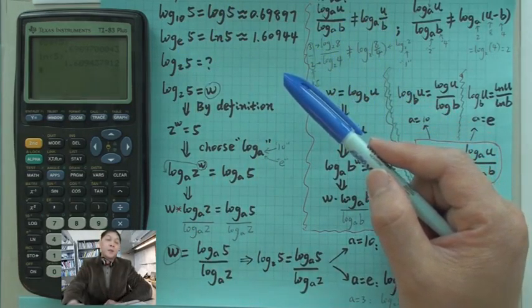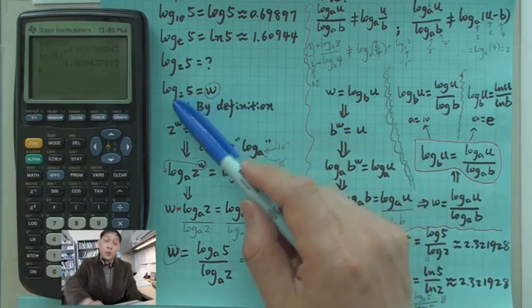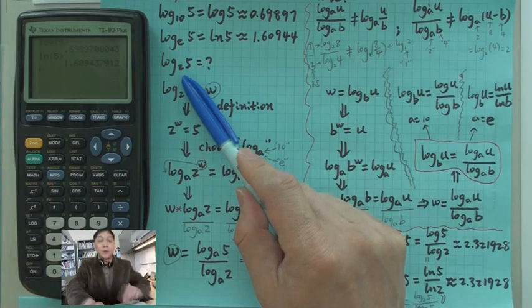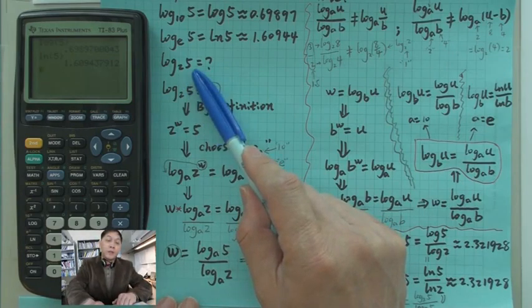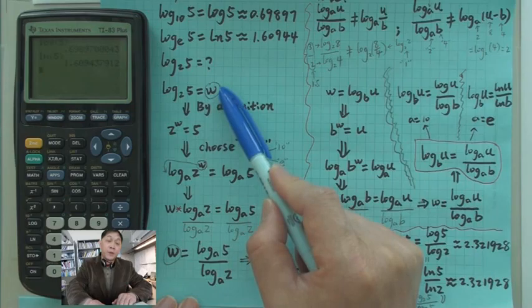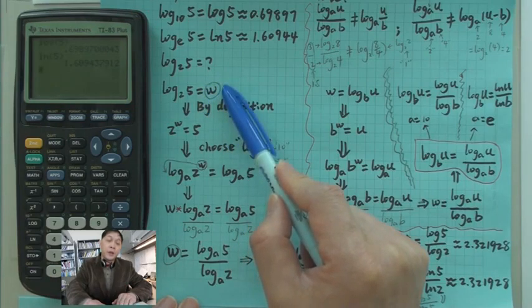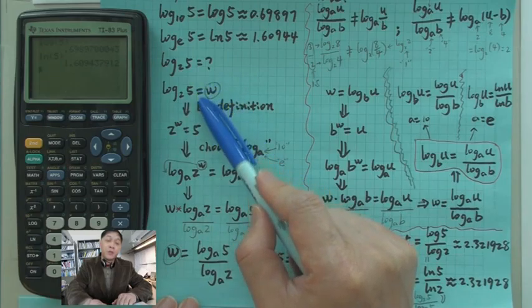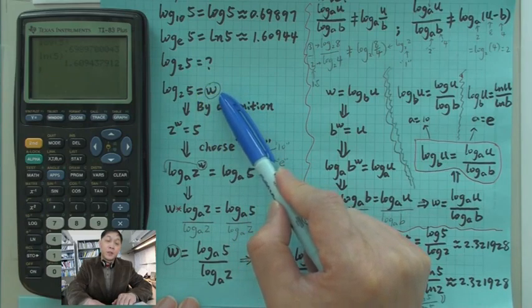Okay. Now we know logarithm, log base 2 of 5, is actually the exponent. Yeah, log of something is always defined as the exponent. Exponent of what?